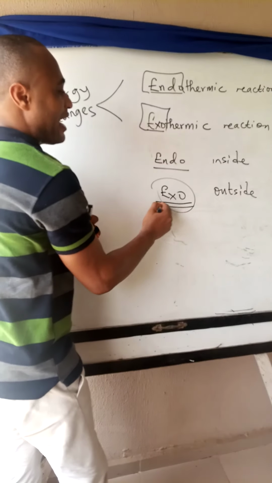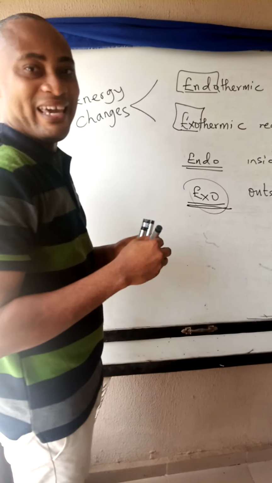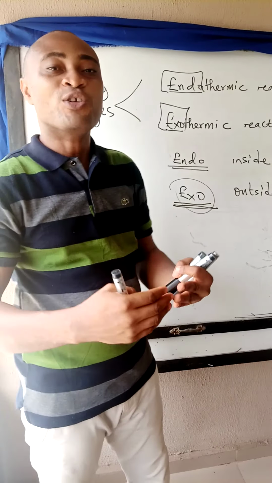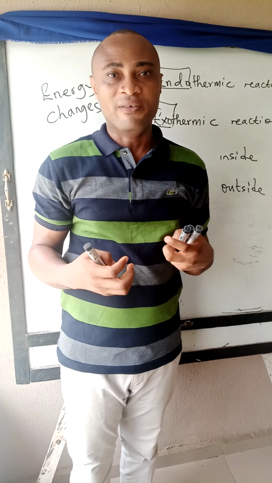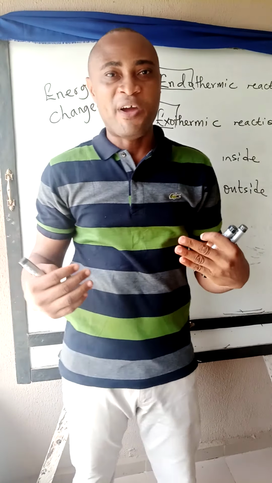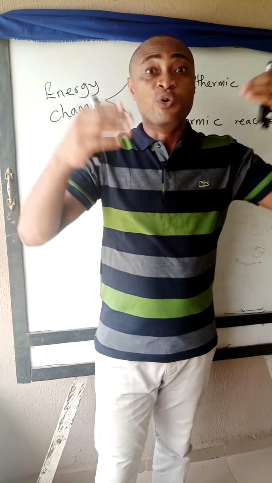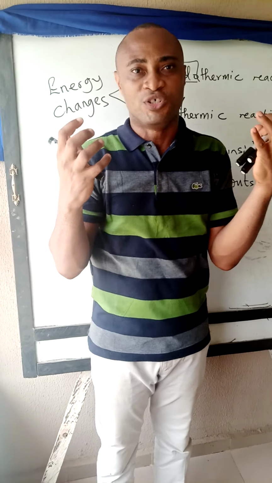So exo means outside, endo means inside. What's an endothermic reaction? This is a reaction during which heat is absorbed from the surroundings. If I carry out an endothermic reaction, you will notice that the environment where this reaction is carried out will become very cold.